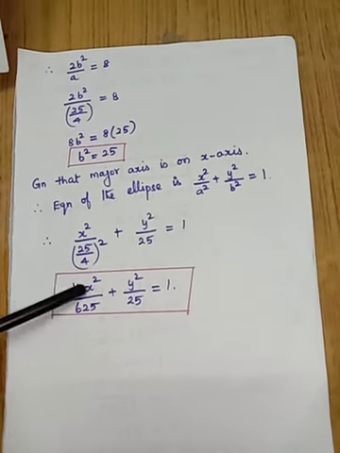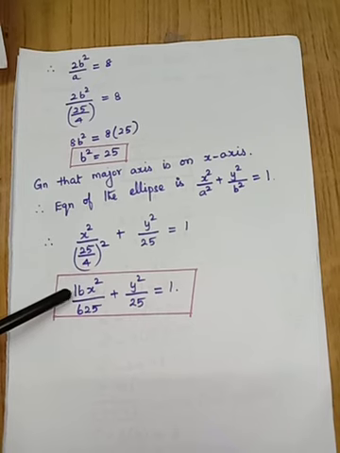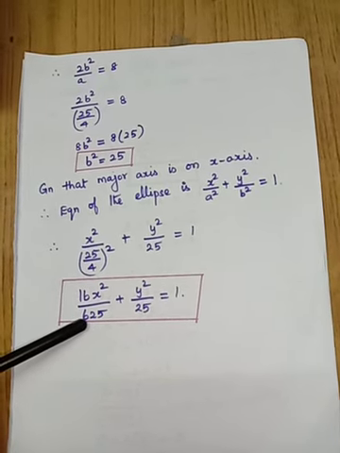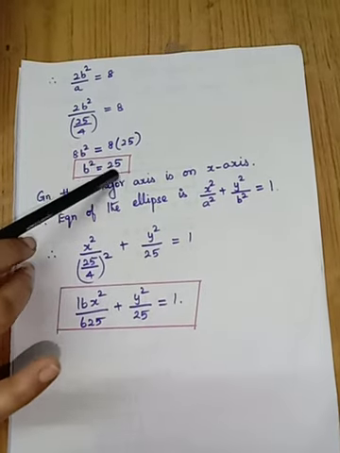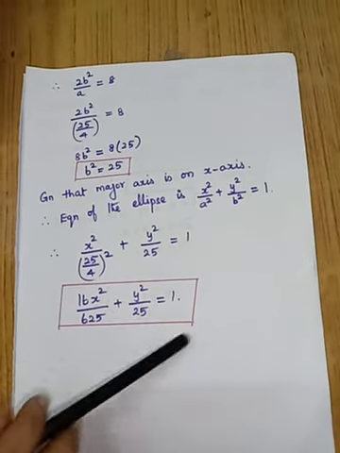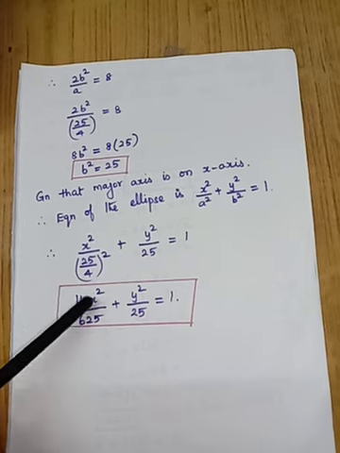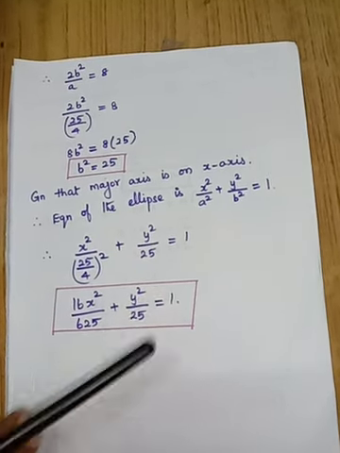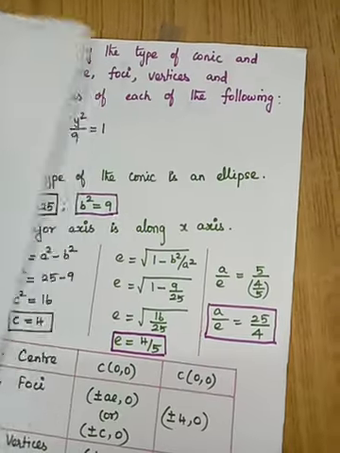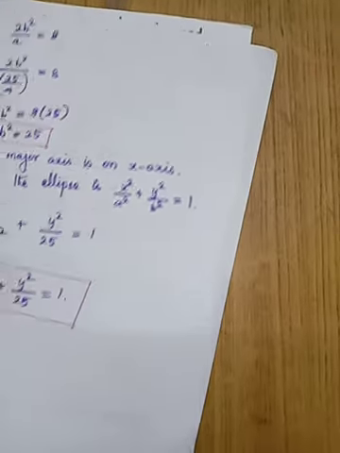The 16 will come in the numerator, so here you will have 16x squared by 625 plus y squared by b squared. What is b squared? It is 25. So the equation of the ellipse is 16x squared by 625 plus y squared by 25 is equal to 1. Okay, so we'll come to the fourth problem.